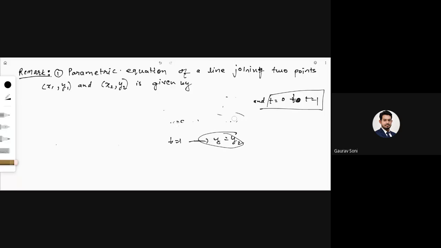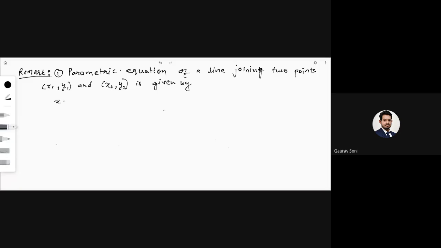So the remark number 1 says that if you have 2 points x1, y1 and x2, y2, then the parametric equation joining these 2 points is given by x is equal to x1 plus x2 minus x1 into t, y is equal to y1 plus y2 minus y1 t, and t is running from 0 to t equal to 1.